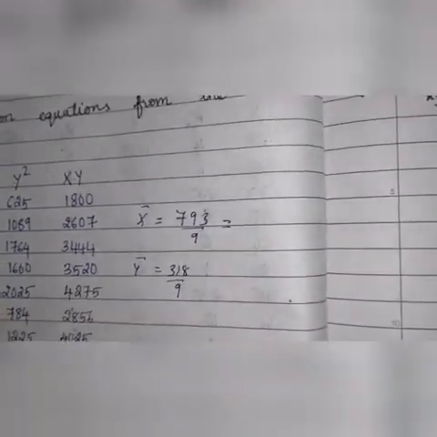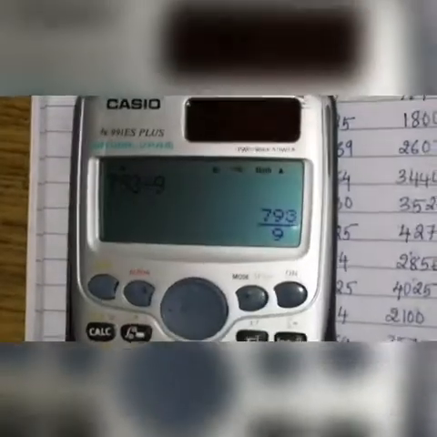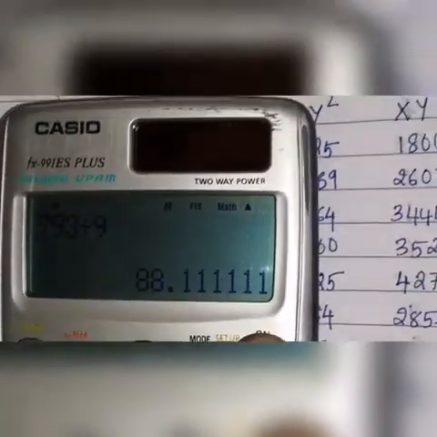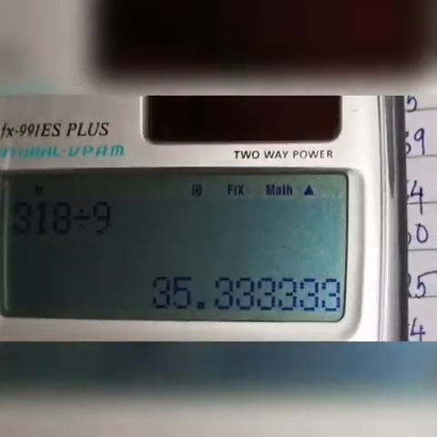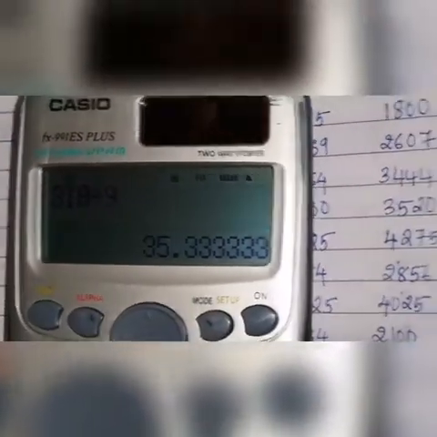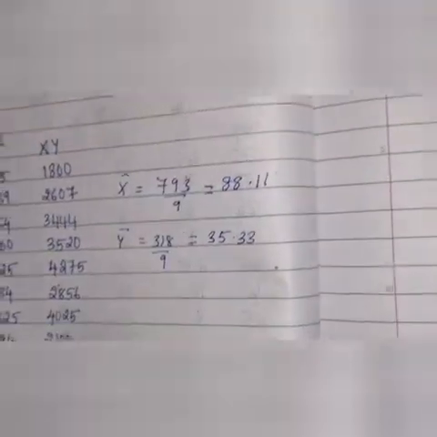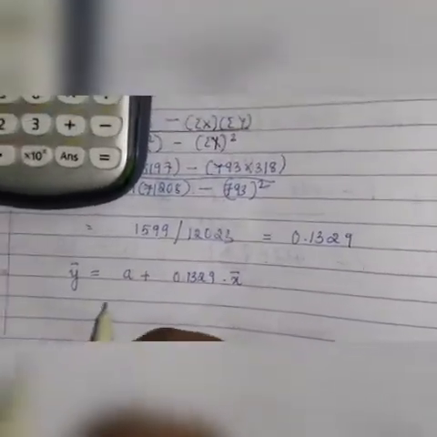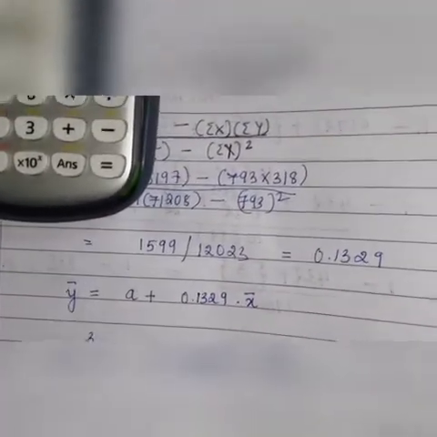So 793 by 9 is equal to 88.11, and 318 by 9 is equal to 35.33.